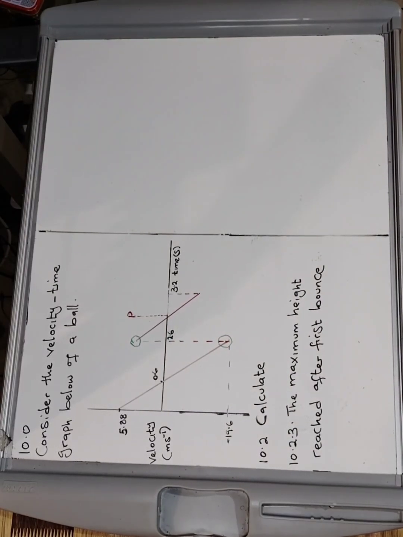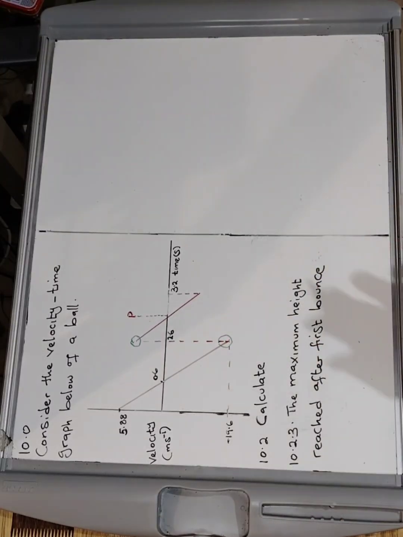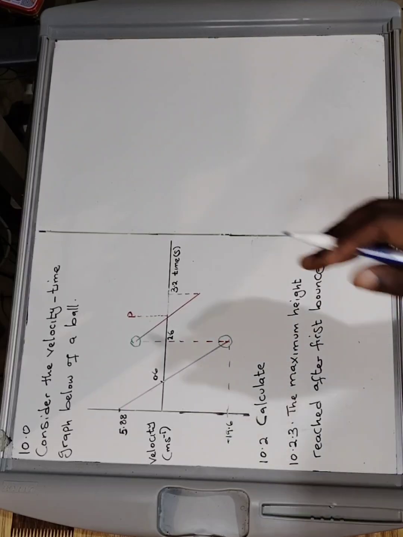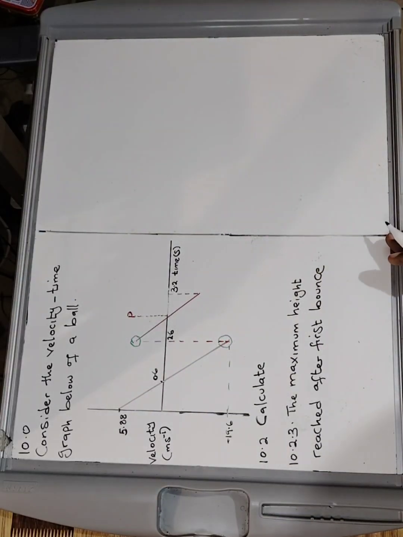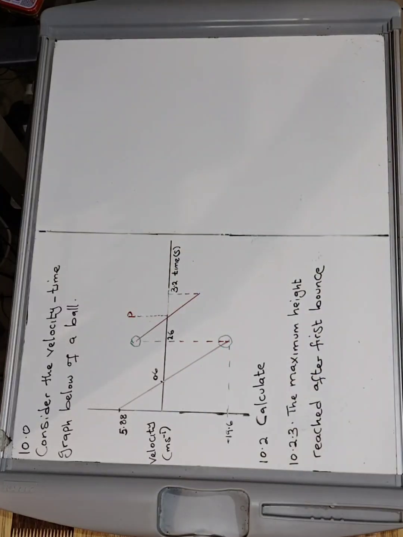Then comes this question. It says, calculate the maximum height reached after first bounce. Okay. So what do we have here for this part? Let us look at the information. First of all, you have to remember that first bounce means this.